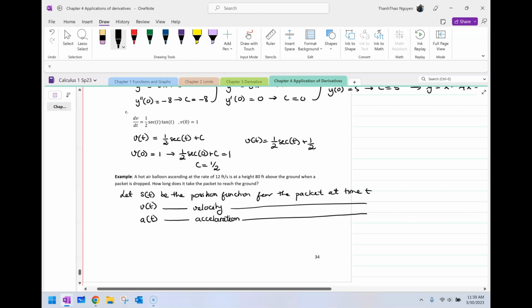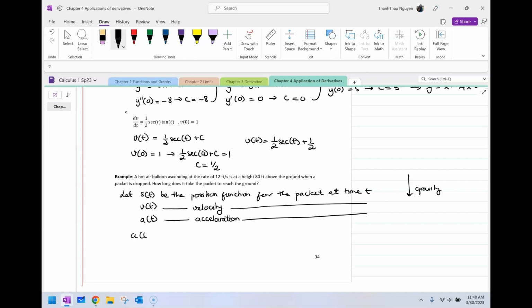We are told that the packet is ascending at the rate of 12. The packet is going down purely based on the gravity of the Earth. When you drop a packet, the gravity pulling onto the packet is negative 32 feet per second squared.